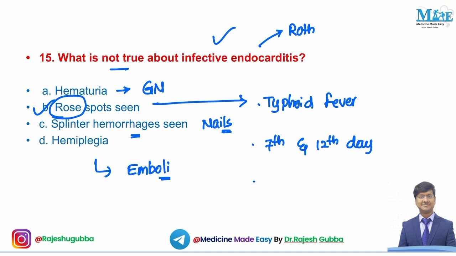Whenever the individual develops rose spots, they occur in groups, around 5 to 10 lesions.